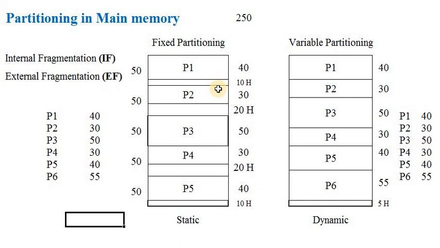If there is no sufficient hole, we cannot accommodate that process. Let us count all these holes together: 10 plus 20, 30 plus 20, 50 plus 10, 60. So 60 is the available hole here.